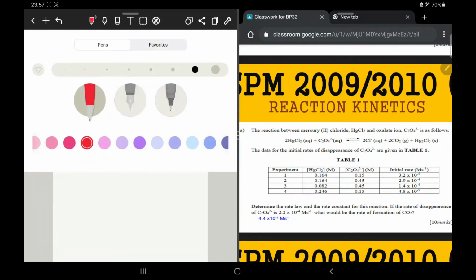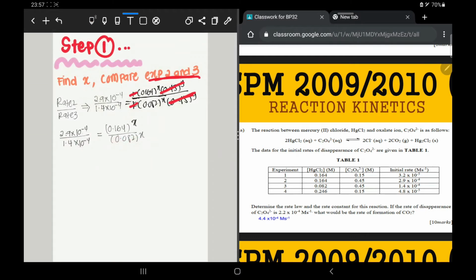So we do the calculation. If you divide this value over here, you will get a value around 2. And when you divide 0.164 over 0.082 to the power of x, we will get a value around 2 to the power of x.